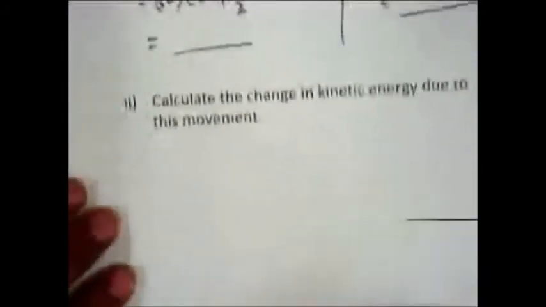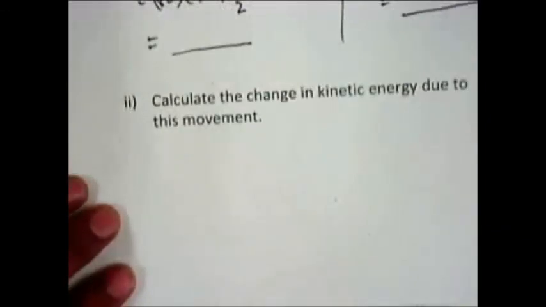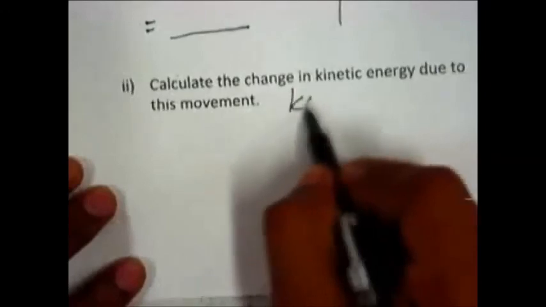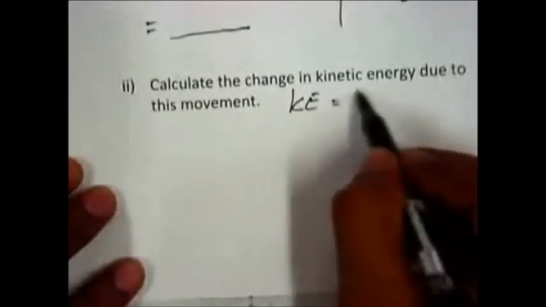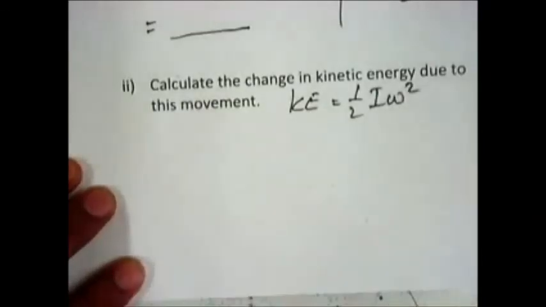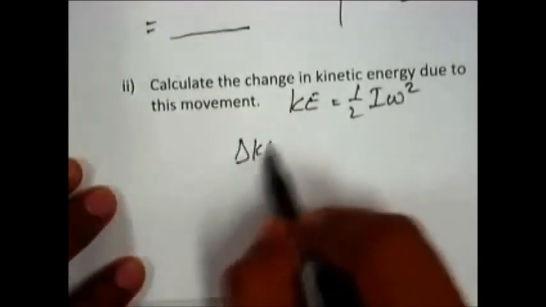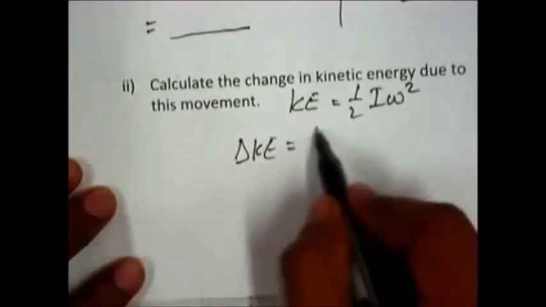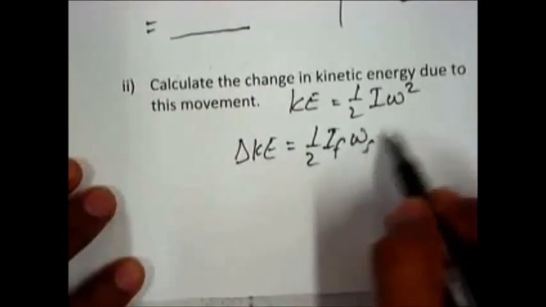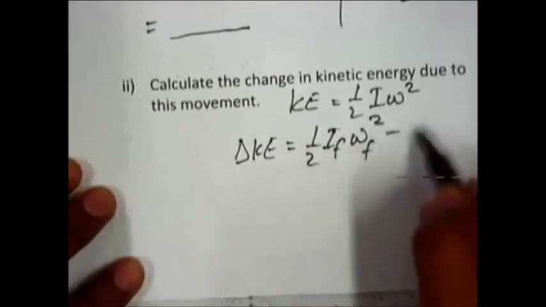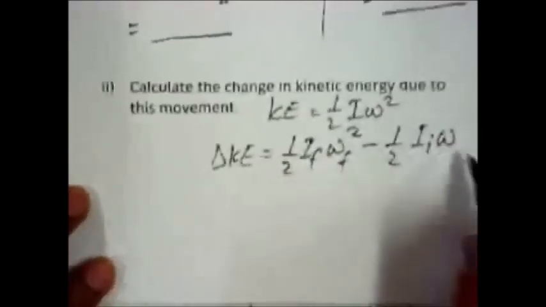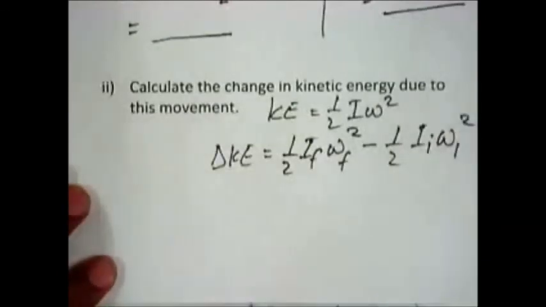Then it says calculate the change in kinetic energy due to this movement. You know that kinetic energy in rotation is half I omega squared. So your change in kinetic energy is simply half I final omega final squared minus half I initial omega initial squared.